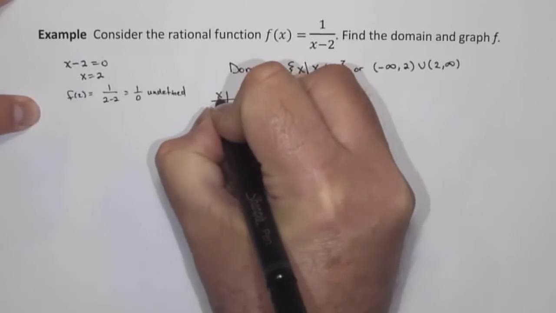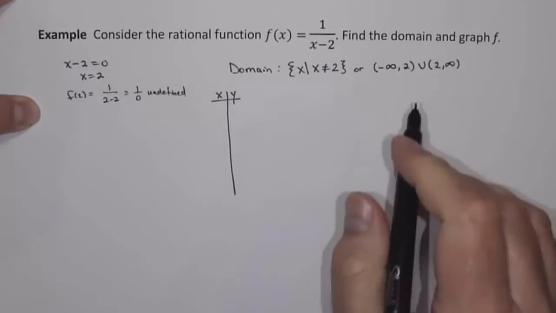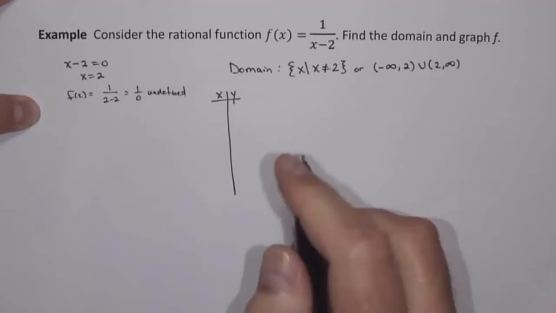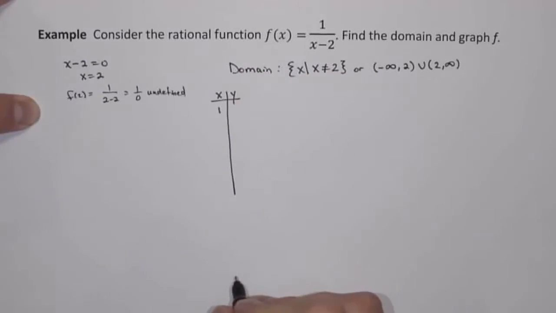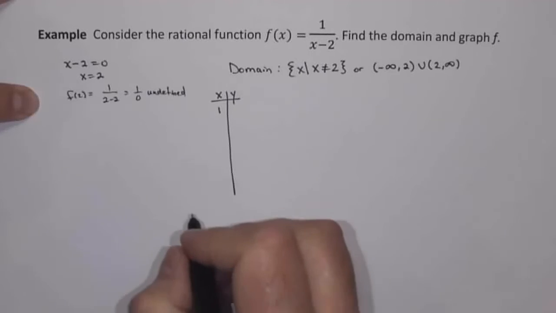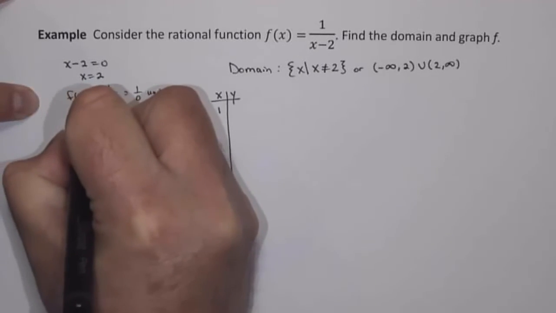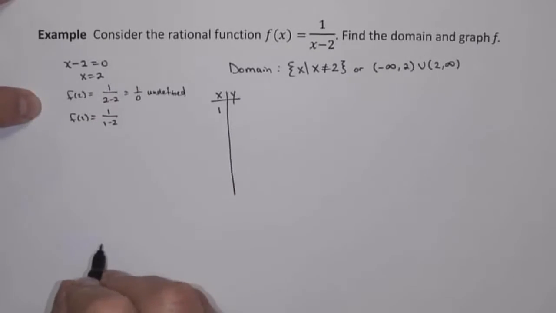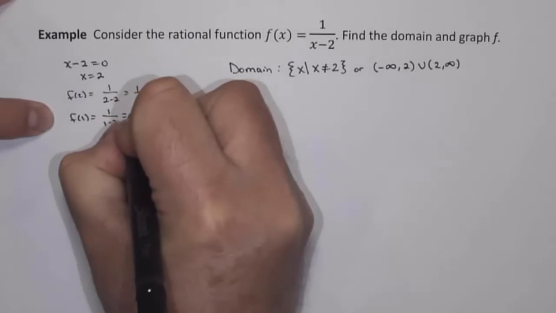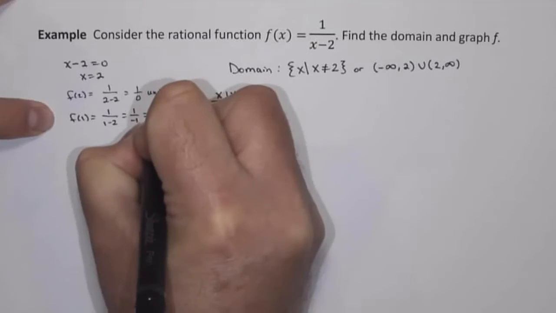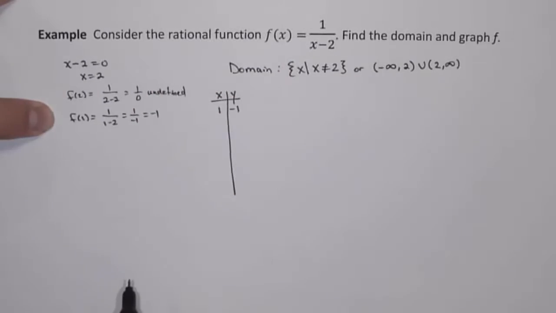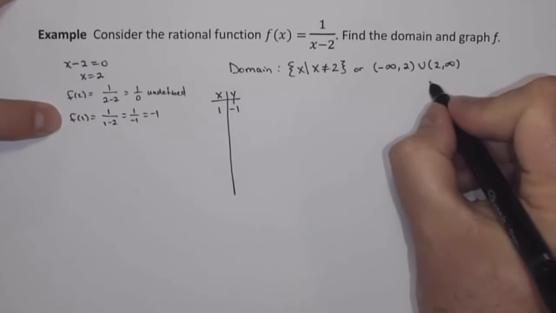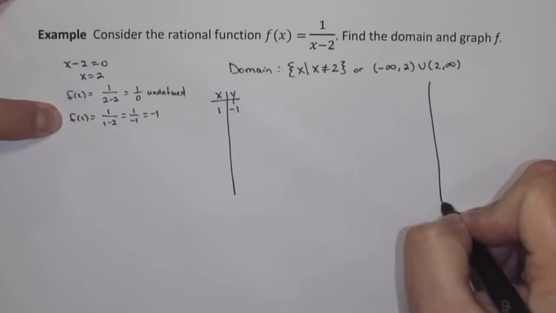So let's do that. So for example, we know we can't let x equal 2, but I could let x equal 1. And if x equals 1, then f of 1 would be 1 over 1 minus 2. 1 minus 2 is negative 1, so that's 1 over negative 1, which is negative 1. So we would have the point 1, negative 1 on this graph.